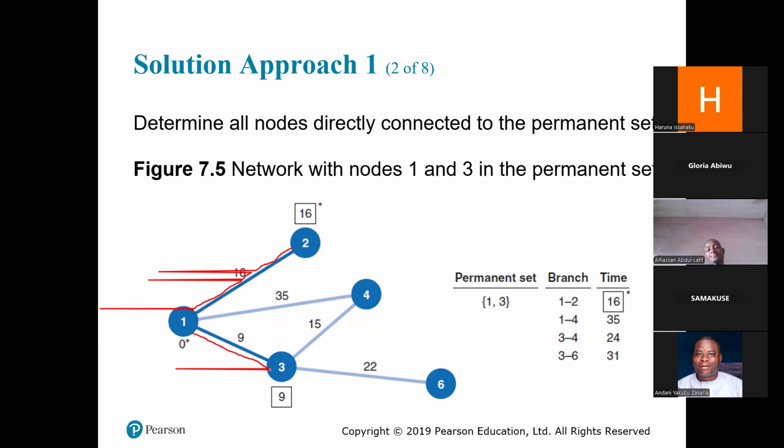So what we now need to do is that we now move to the next step and determine for all the nodes that are connected to the new permanent set, which one is having the least time to cover from the origin. So that is what we will do in the next, and it is repeated.